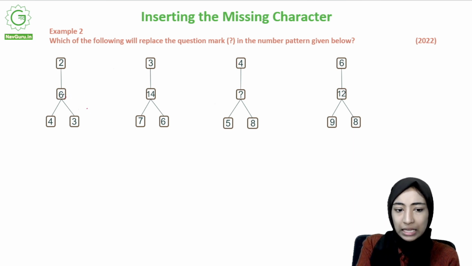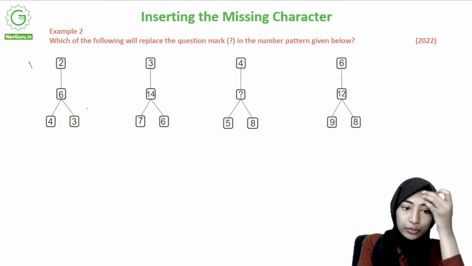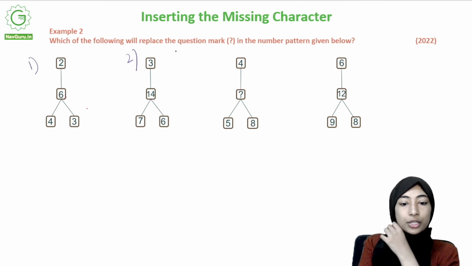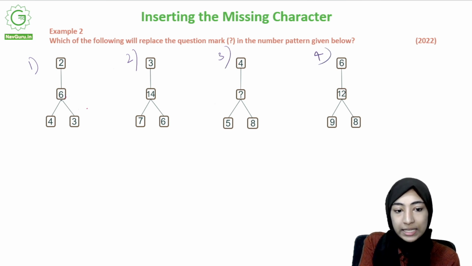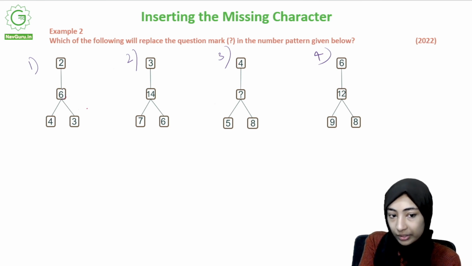If you look at 6, 14, question mark, 12, do you feel like there is some sort of difference in importance? If you look at the numbers of a single figure, do you feel like there is some sort of difference in the importance? Here, if you look at 6, do you see that 6 is connected to all the other numbers?